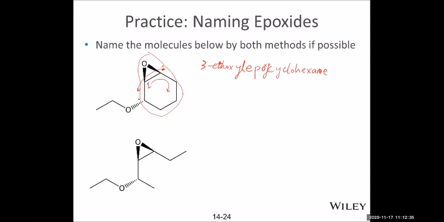This carbon is now a chiral center, and so is the epoxy group. And so we need to worry about the R and S. So position 1, the R or S, if I draw it separately.